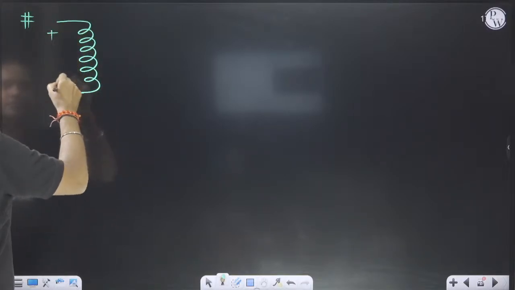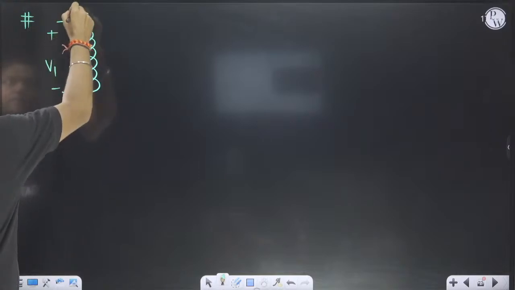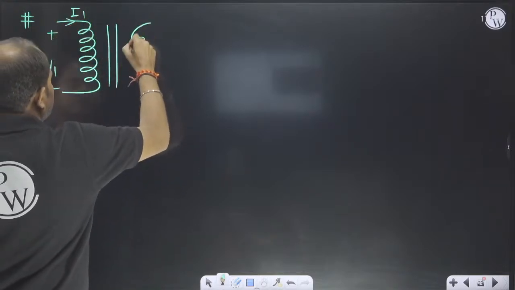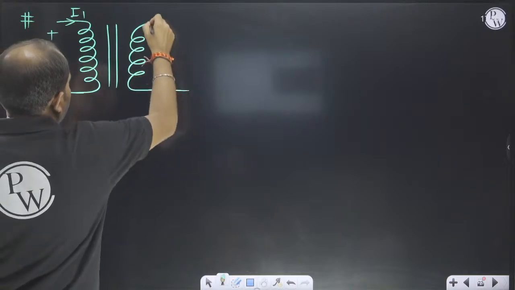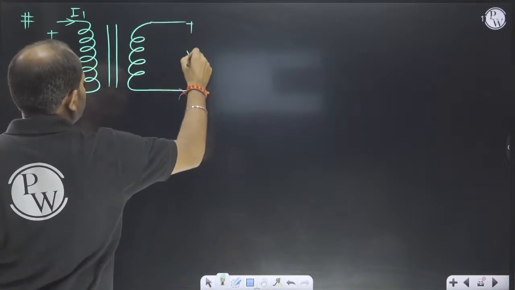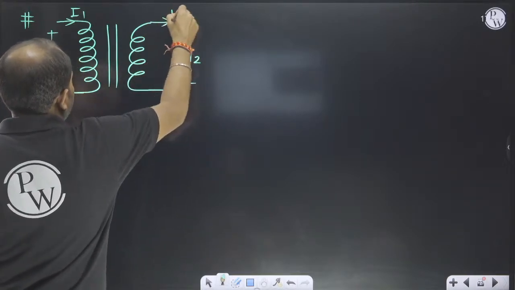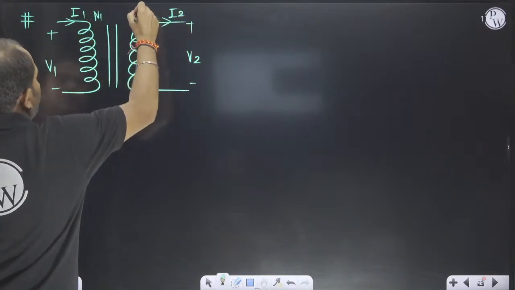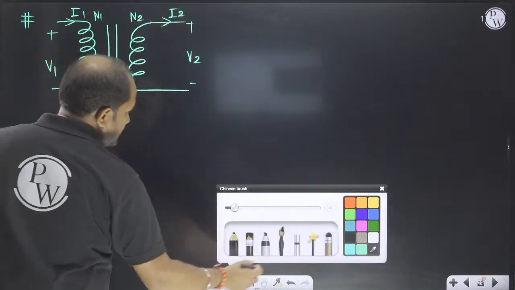This is B1, this is I1, and this is I2, and this is B2. The number of turns of this one is N1 and the number of turns for this one is N2.